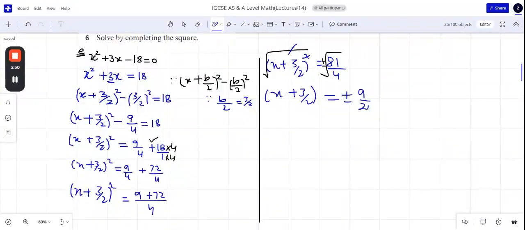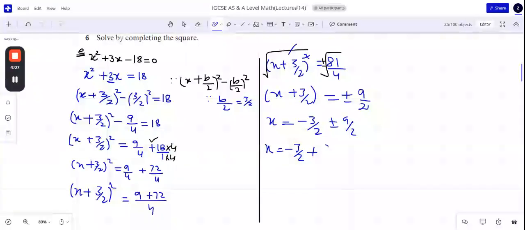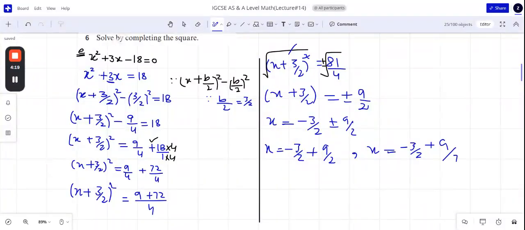So now we will shift this constant value on the other side, it becomes minus 3 by 2 plus minus 9 by 2. Now we will write one time with positive and one time with negative: x equals minus 3 by 2 plus 9 by 2, and the second time x equals minus 3 by 2 minus 9 by 2.